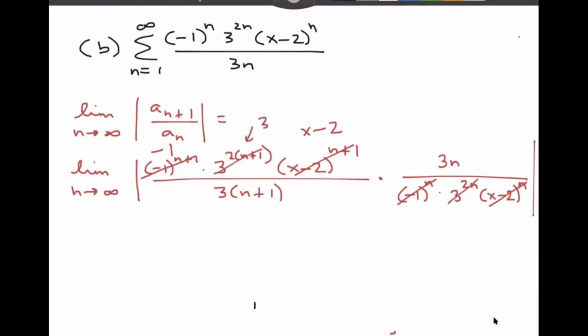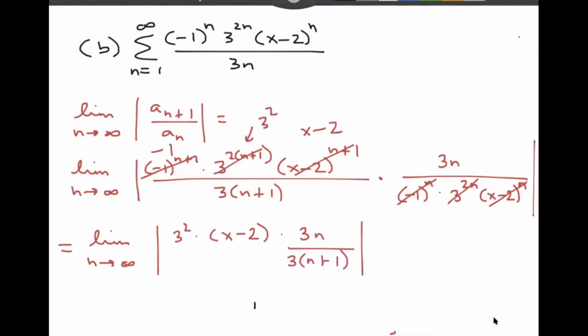Oops. Okay. So then, what do we have? We have, well, we can ignore the -1. We have absolute value 3 squared times (x minus 2) times 3n over 3 times (n plus 1).